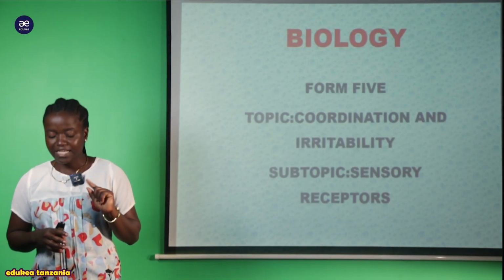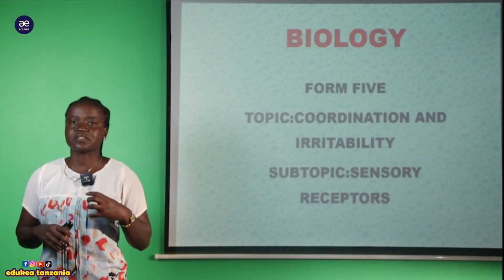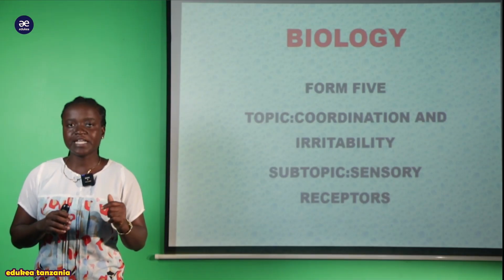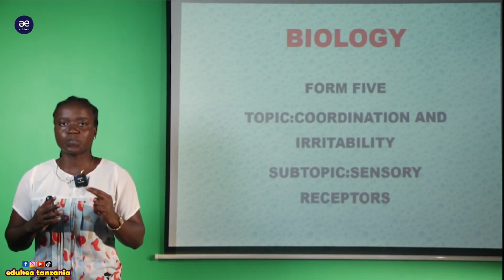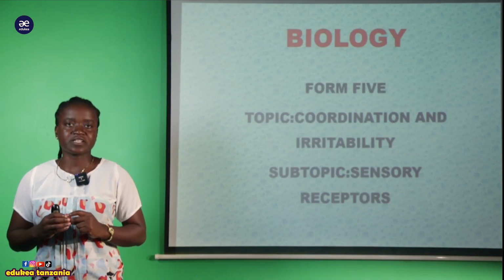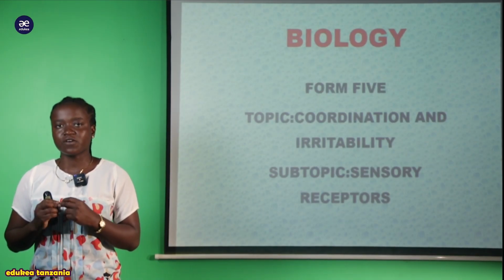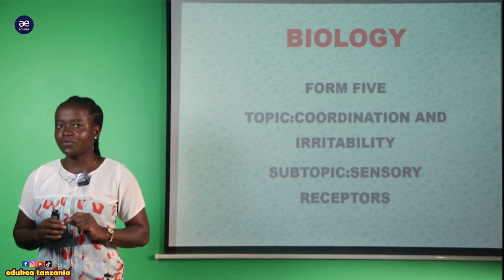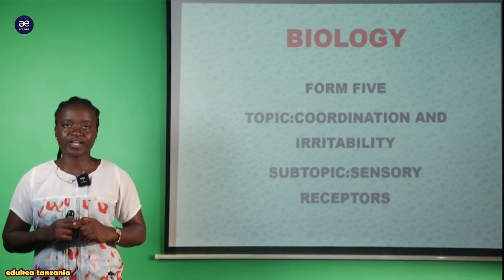In the last session we ended by looking at the processes used in eye accommodation, and we have already discussed that there are two processes. The first process is called the refractive adjustment of the pupil size. We have already covered it. And the second one is called the refraction of the light rays.